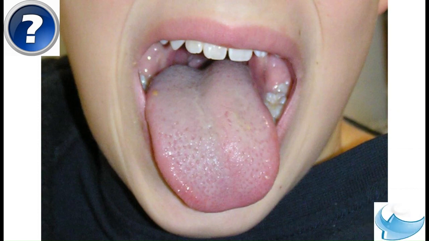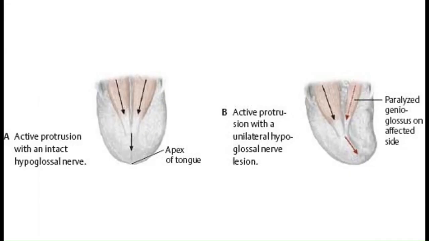Let's see more details. Here we have two diagrams. Let's look at the left one. In the left one, the patient was asked to protrude the tongue, and this is an active process including the hypoglossal nerve and the genioglossus.